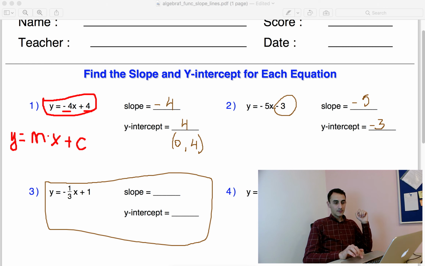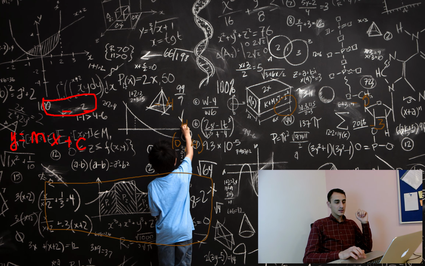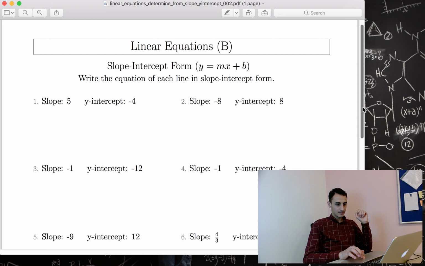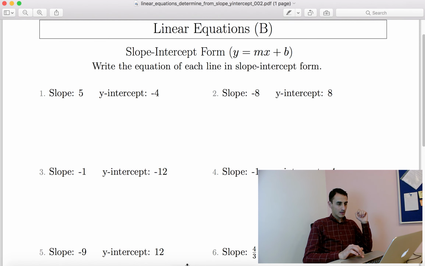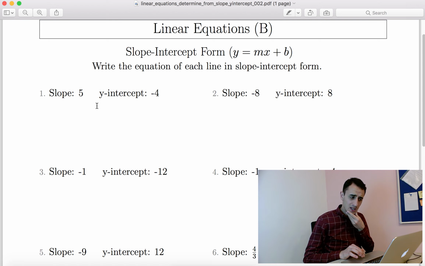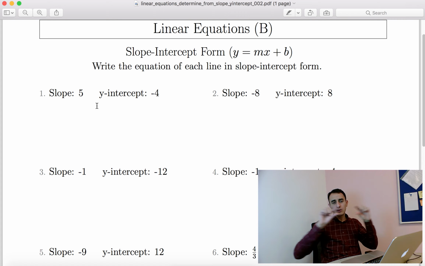So, let's do another example for the reverse operation. Okay, now guys, we have a slope. We are given a slope and we are given a y-intercept. We need to form an equation for this line.